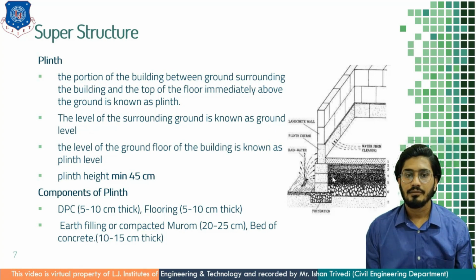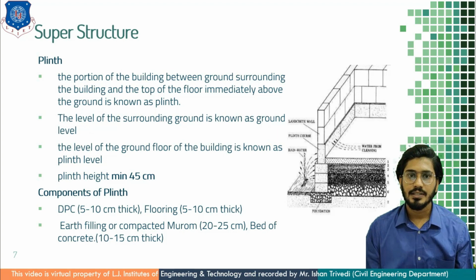Above this, once the bed has been achieved, a flooring level or flooring is placed. Flooring can be achieved with different flooring materials such as mosaic tile, marble, stone, sandstone, granite stone, vitrified tiles and so on.